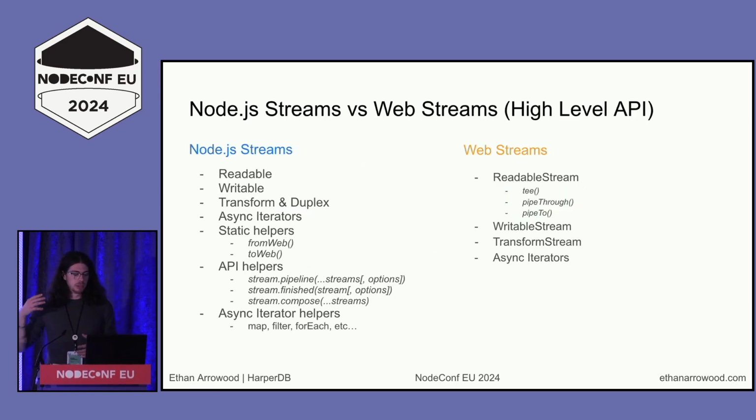At a high level, this is a brief overview. Node streams have been around a lot longer and have had a lot more experiments thrown at them. They already have async iterator helpers, which is now a stage 2 TC39 proposal. Node streams and web streams are also async iterators, or at least the readable ones are.